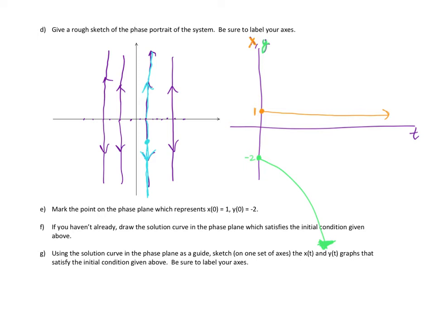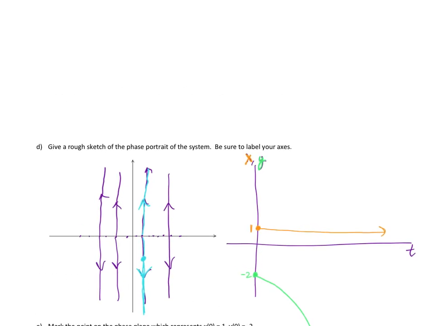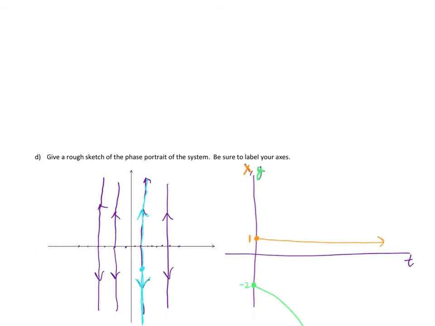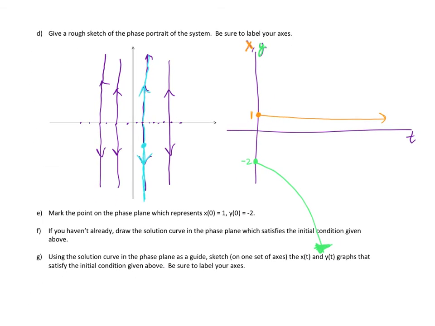We took out the length of the vectors, which tells you how fast this is moving. If we go back and look at the vector field, which is on the previous page, you'd see that the vectors get longer and longer and longer, so it starts moving faster and faster and faster. So that's why I drew it with that concave down shape.